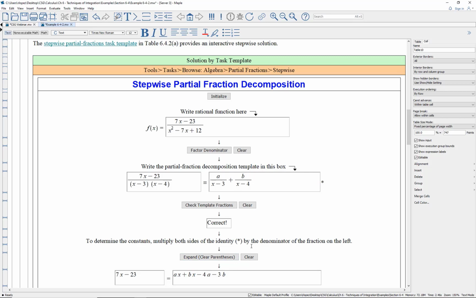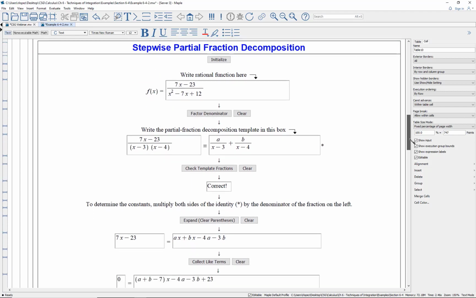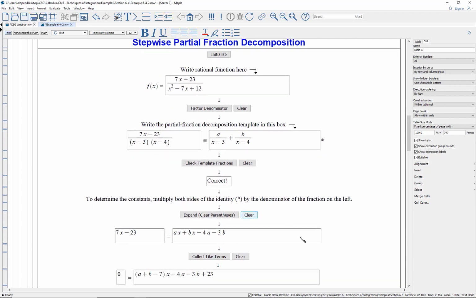So this path implements the method that I prefer: multiply through by the common denominator, by this denominator here, okay? And the result on the right is expanded out here. Collect like terms, bring everything over so that you have 0 on one side, and you collect like terms. So this is the stuff that multiplies x.